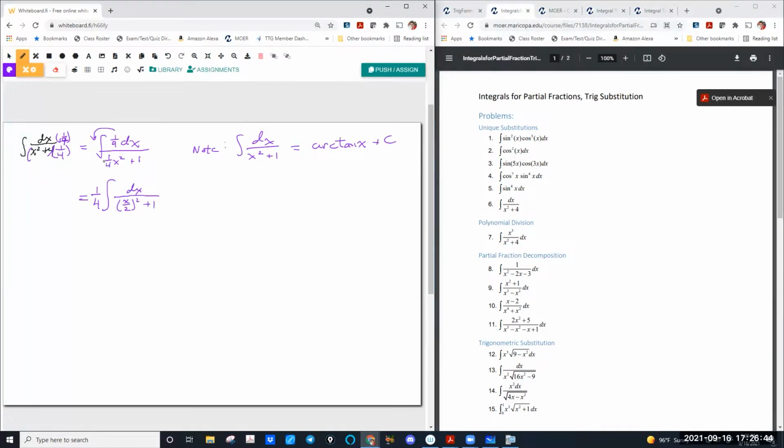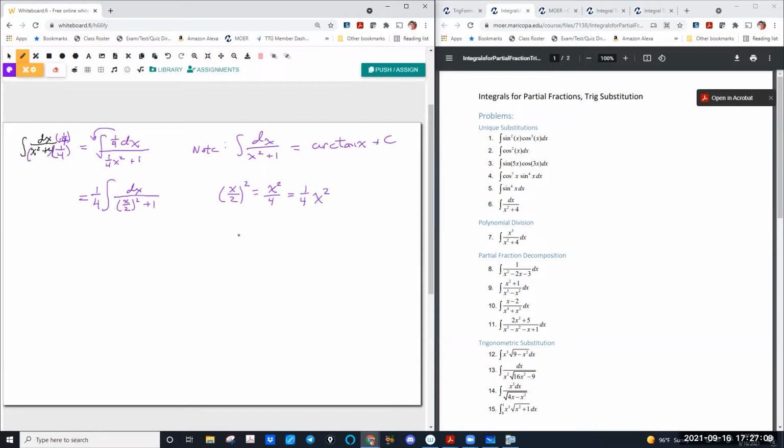Are these the same thing? Let's take a look. X over 2 squared. That's x over 2 times x over 2. You square the x, you square the 2. That's x squared over 4. That, if I wanted to, I could rewrite as 1/4 x squared. So again, I haven't changed what I have.